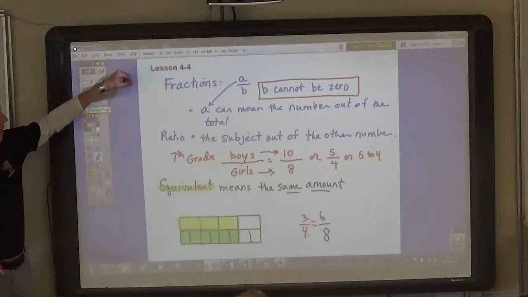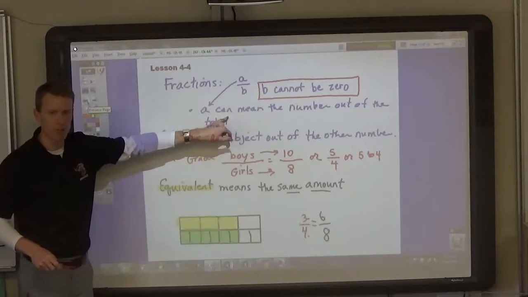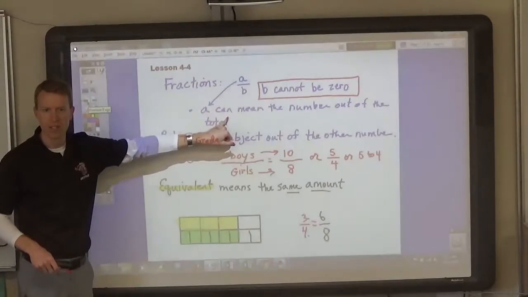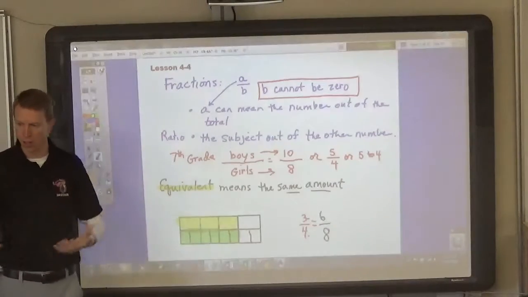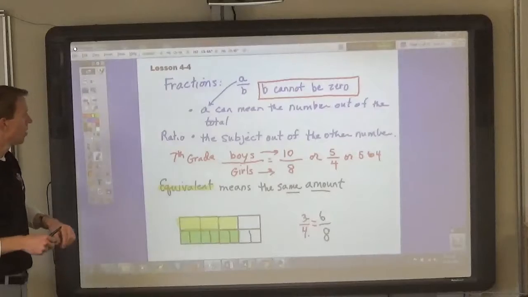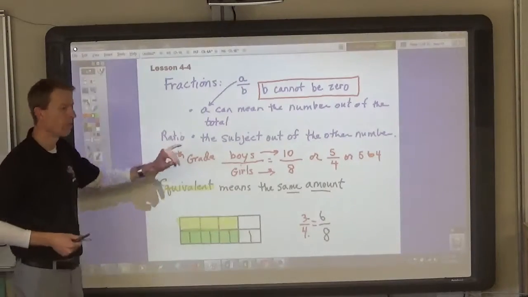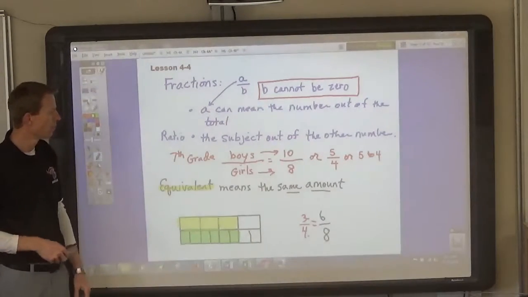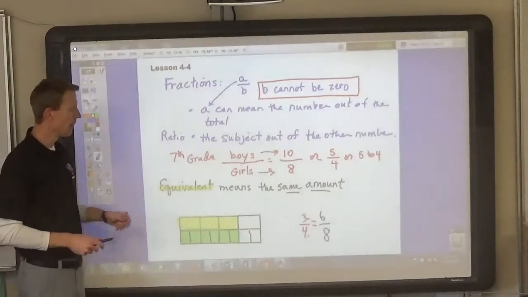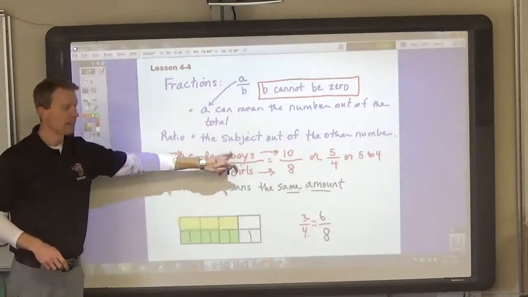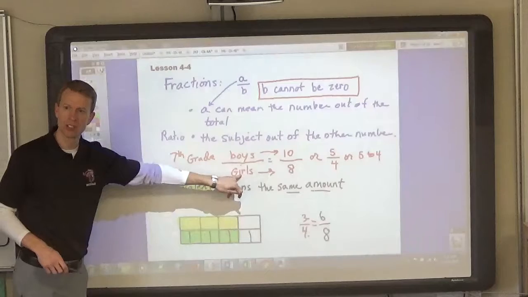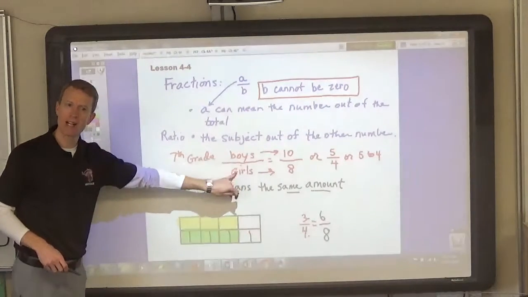A fraction can mean the number out of the total, the amount out of the whole. It can be a ratio which compares two different amounts, like in 7th grade, there are 10 boys compared to 8 girls. That's called a ratio.